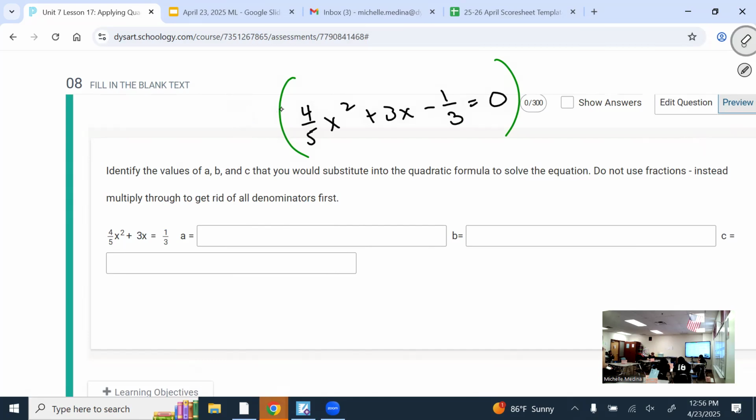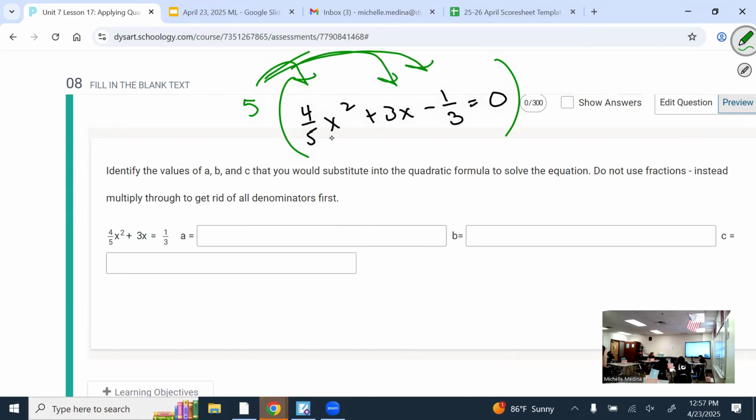Is there anything I can multiply it by that'll get rid of both denominators? How about you just multiply it by 5 first, and then we'll multiply it again. So multiply all of it by 5.